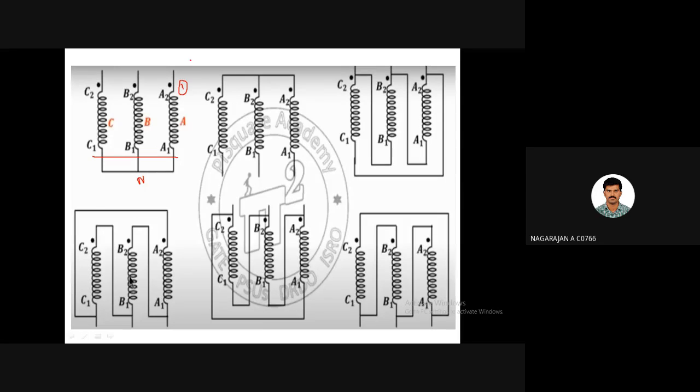Okay, so the second possibility is keeping the terminals denoted 1, C1, B1, A1 for connecting the external sources like source or load. So we can either connect a source or load here.